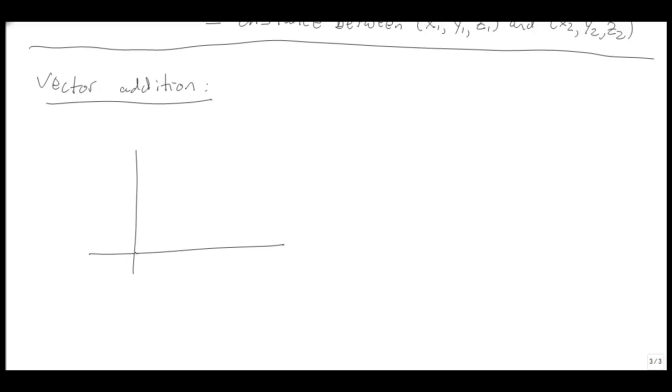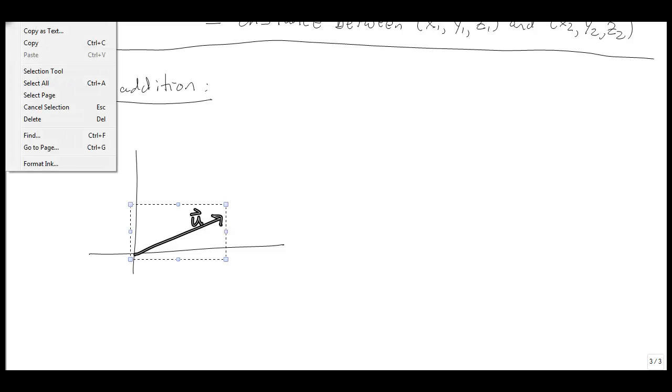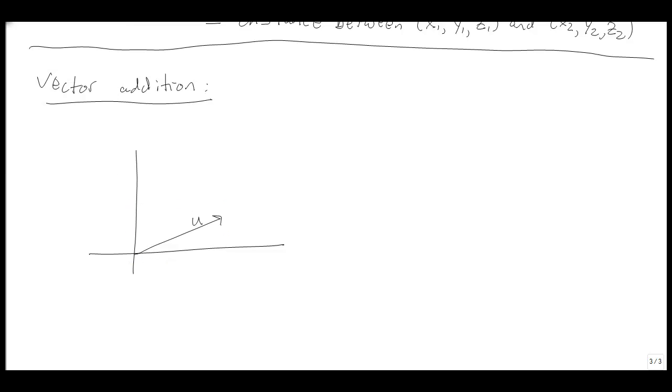If we have a vector u, I'm going to put my tail, or initial point, at the origin here. There's u, and then let's just draw some vector v here. So we've got two vectors u and v.